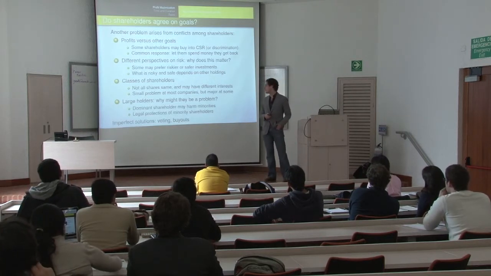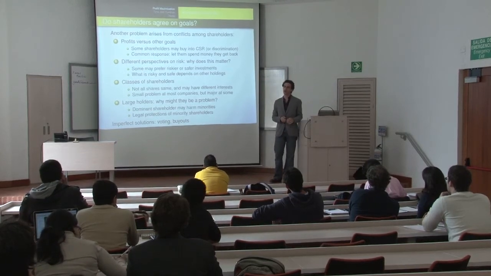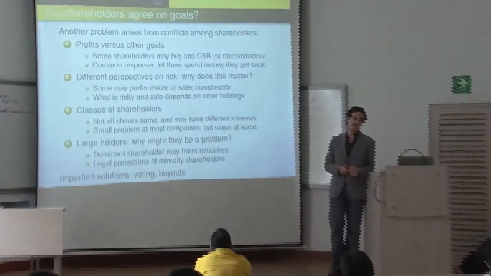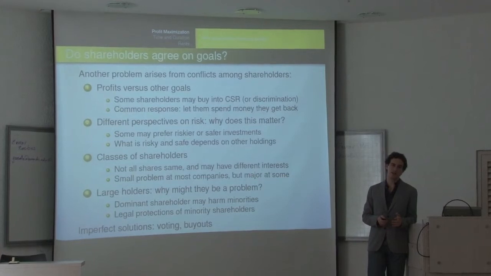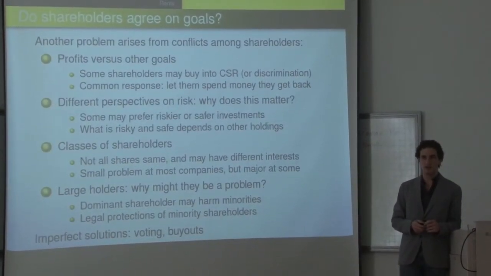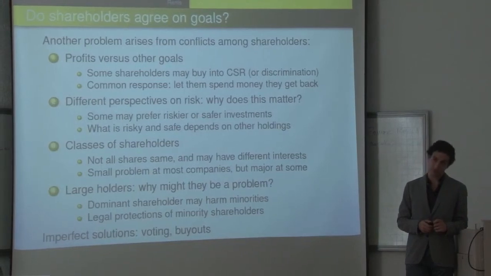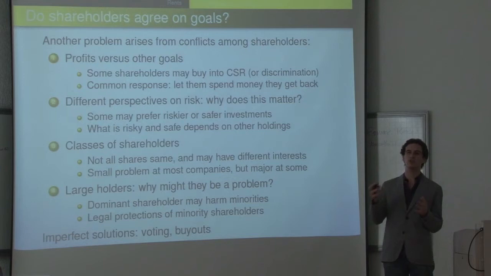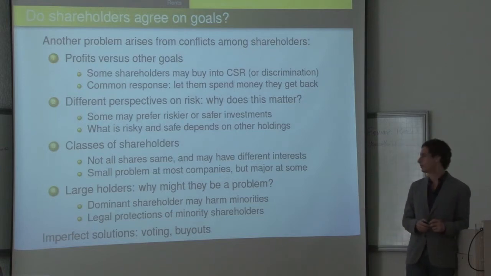So some imperfect solutions to these types of problems are voting. Now, voting is not really going to solve the minority shareholder problem, right? Because the minority will still get screwed. But at least it can try to adjudicate a little bit between the different interests of the different shareholders.